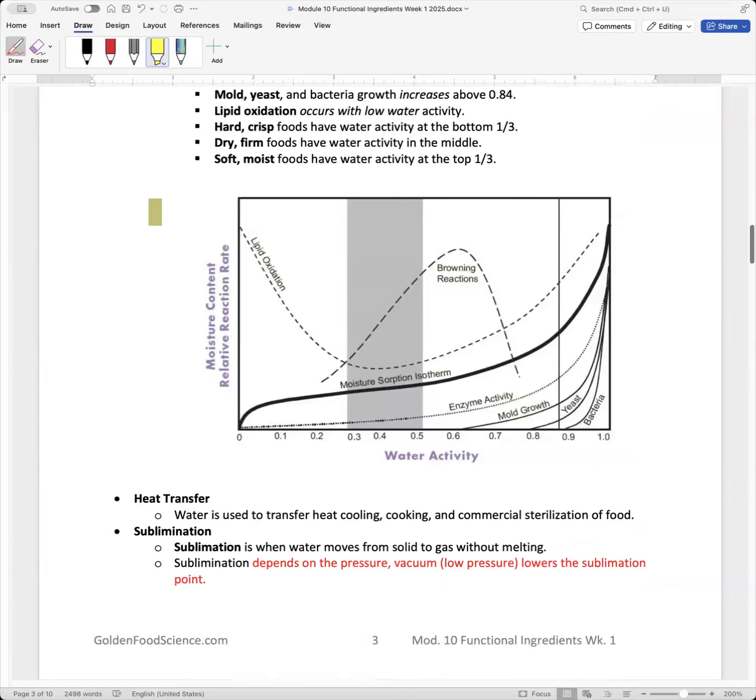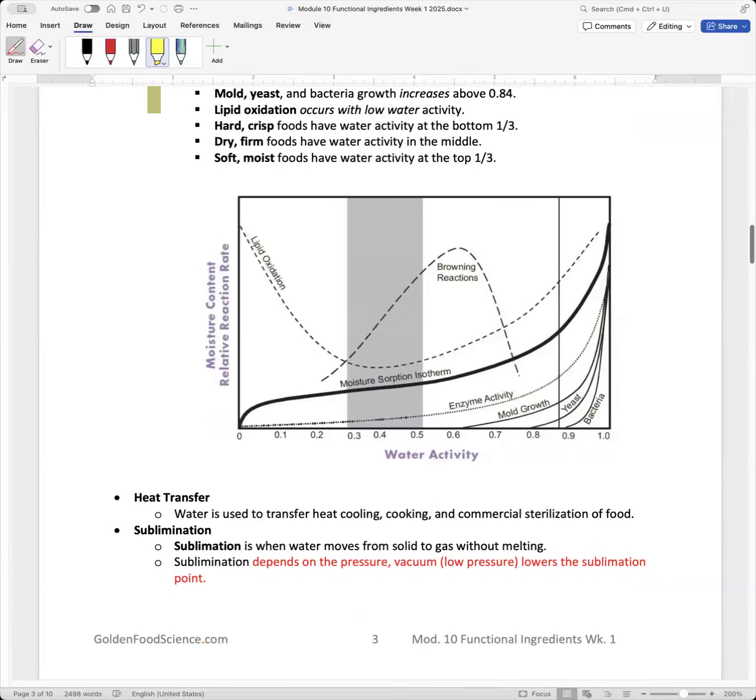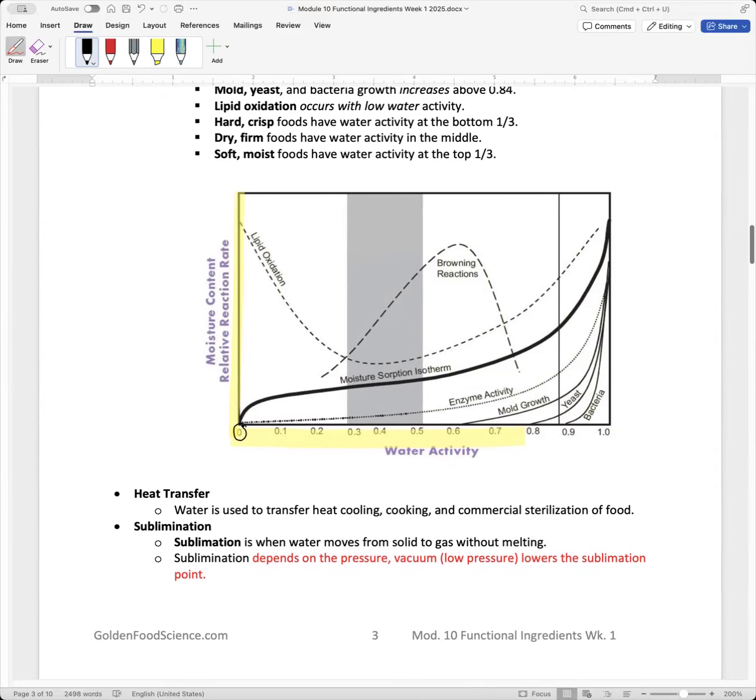If we look at this diagram down here, with water activity across the bottom and reaction rate at the top, if we start down here with really, really dry foods, you can see that the water activity is really low, the moisture content is really low, and enzyme, mold growth, yeast growth, bacteria are nonexistent down here.